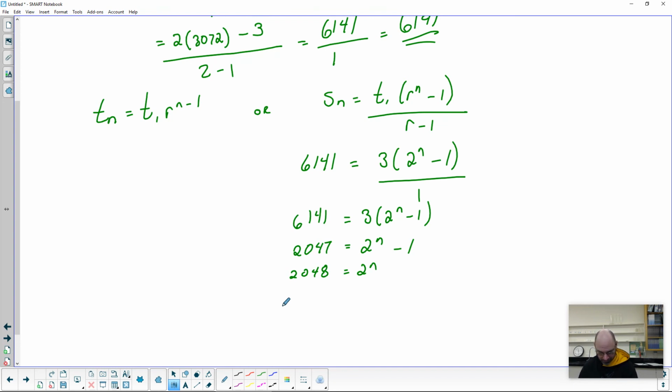Let's try 8. Nope, not enough. 2 to the power of 11. Perfect. Okay, so 2 to the power of 11 equals 2048. Therefore, n equals 11.